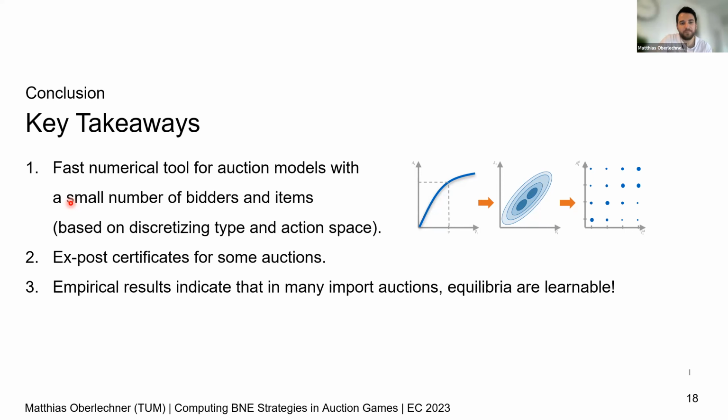And our empirical results indicate that indeed in many auction settings, or in all auction settings we looked at, we can compute these equilibria. So we do converge to some strategy which approximates the analytical equilibrium strategy. But these are only empirical results, so we do not have convergence results.